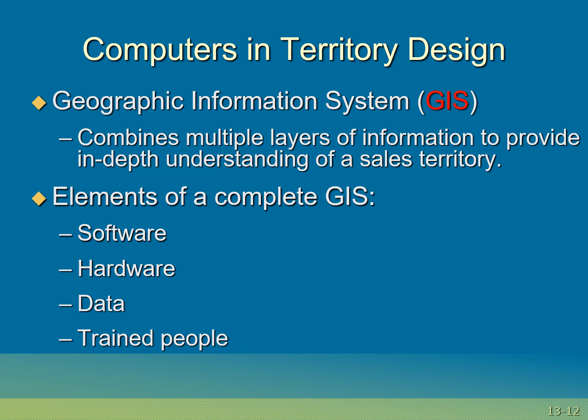I think you have probably used that in your personal life, using Google Maps to add different layers of information: where are the restaurants, where are the gas stations, and so on. There are some elements of a complete GIS: software, hardware, data, and trained people who know how to use it.